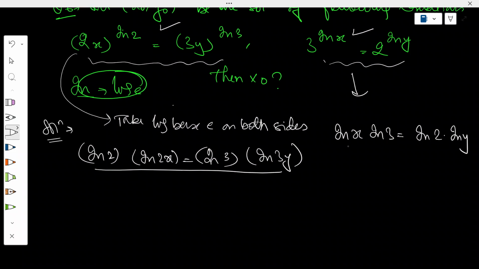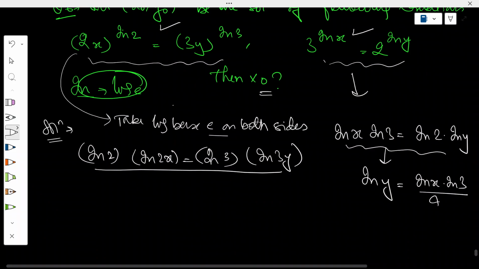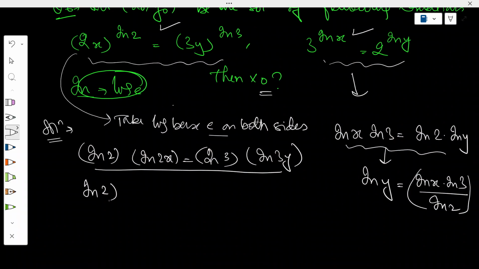Here, if we want to eliminate x or y, we will eliminate y because we have to find the value of x. So ln y can be written from here as ln x times ln 3 divided by ln 2.